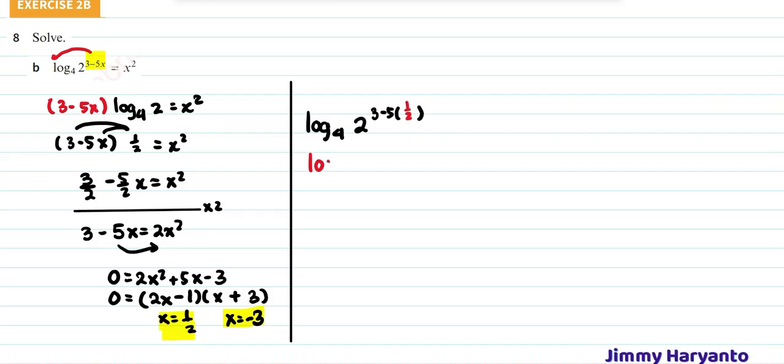You have logarithm of 4, and then 2 to the power of half. This one is positive and it's greater than 0. If it is greater than 0, that means this one is satisfied. You can take half as the solution. How about negative 3? You have 2 to the power of 18. 2 to the power of 18 is also greater than 0. That means the negative 3 is also a solution.